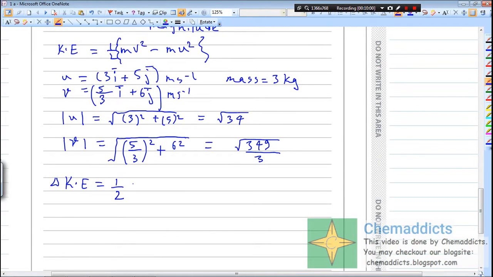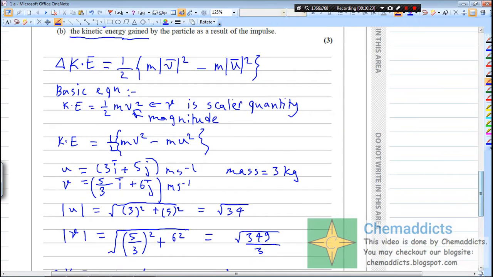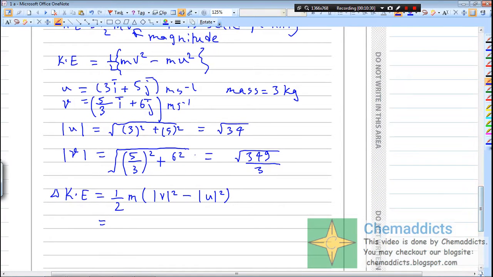Let us rewrite this formula once again. This is the formula. We have just rearranged the first formula, taking mass as common. Nothing complicated, as simple as that.